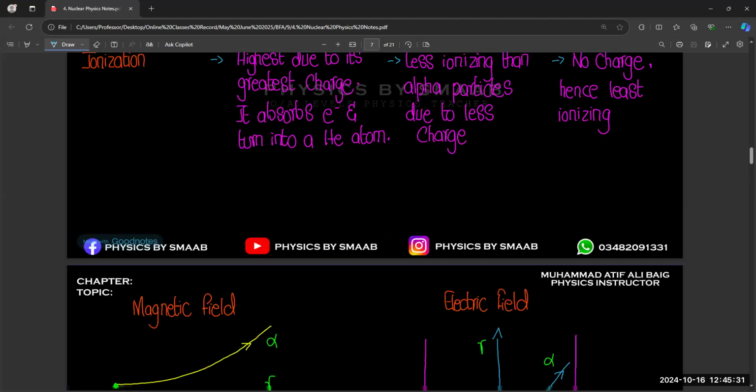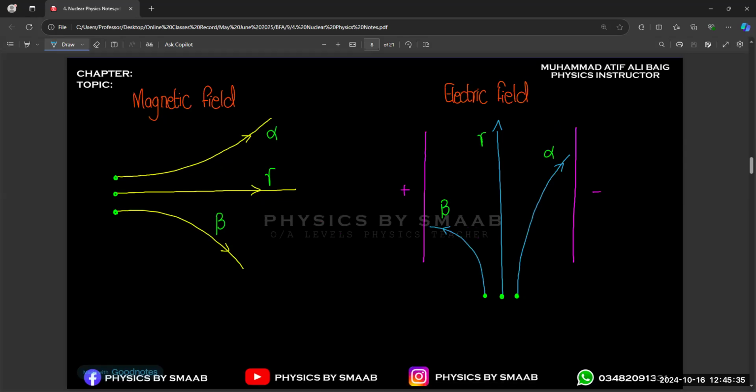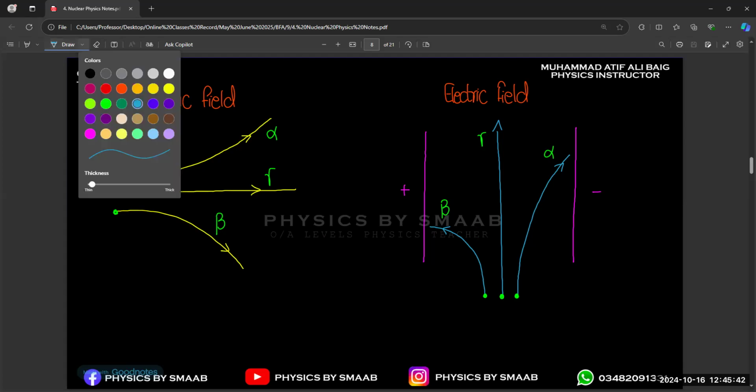Just one more thing related to their properties. We have the magnetic field concept and the electric field concept. First, let's talk about the electric field, because it is easy to understand.